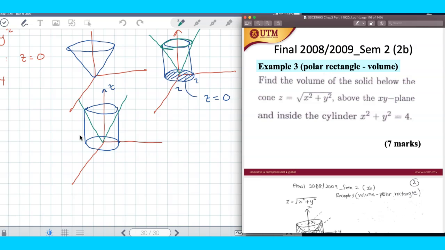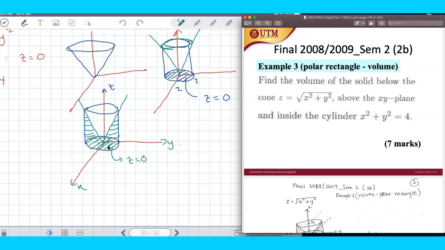Now based on the instruction here, we have a solid below the cone. So the solid should be below the cone, down here, above the xy plane, which is z equal to 0, and inside the cylinder, which means that is your solid.